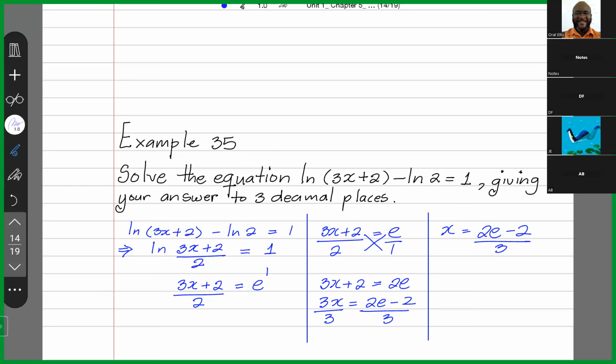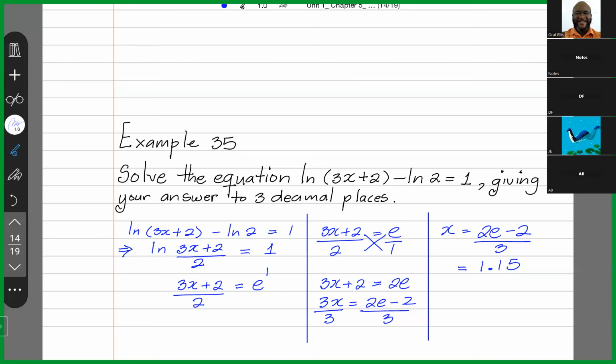Now, of course, we can work that out to a number because remember, e has a value. If you plug x equals (2e - 2) over 3 into your calculator, you're going to get x is approximately 1.15.